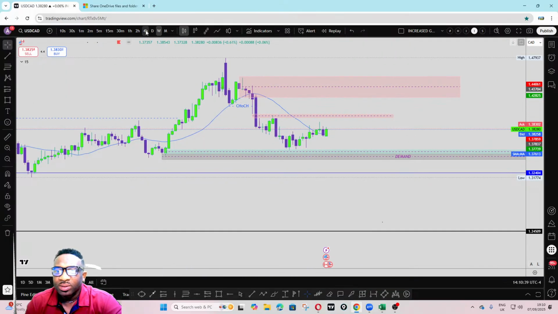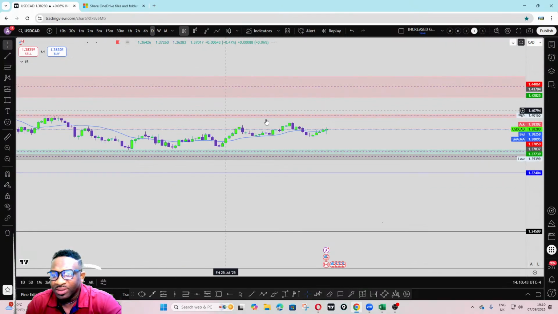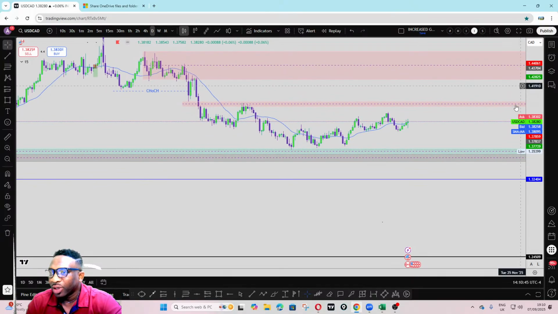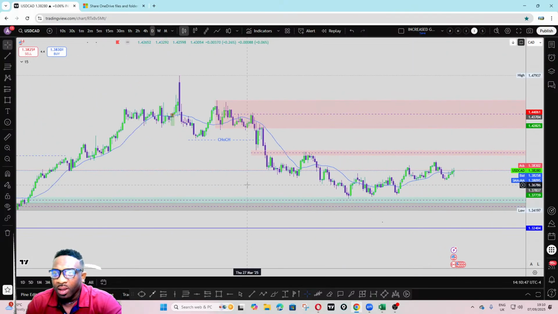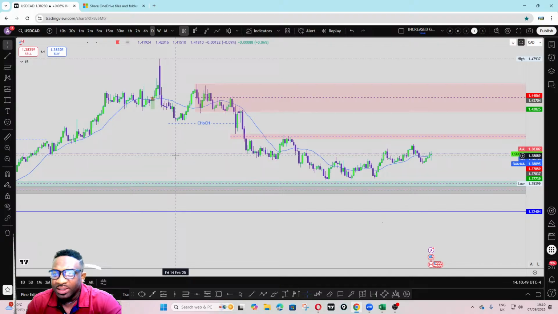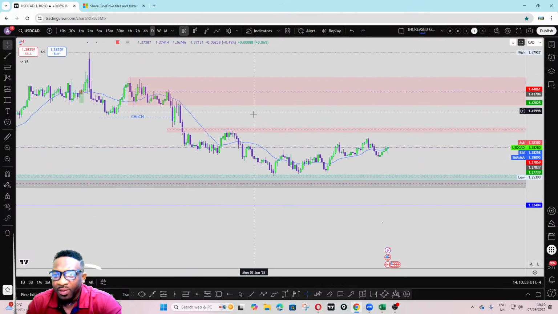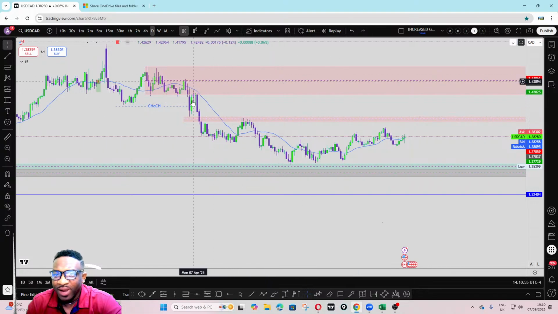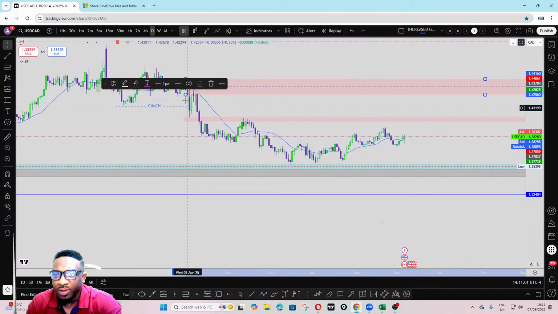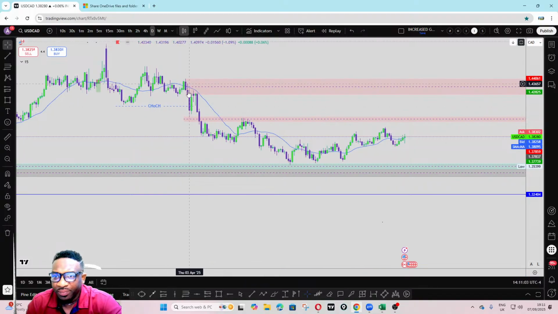So let's go down to the daily time frame and see if we can find anything there. Okay, so on the daily time frame, we can refine this area to, let's say, from here on, because this is the area price began the push down from.